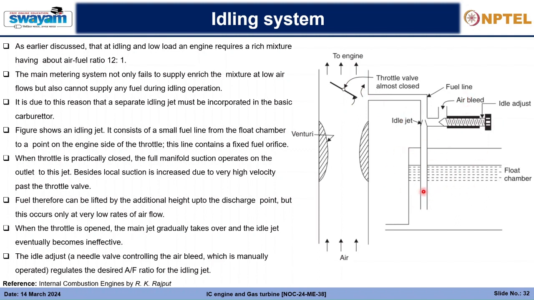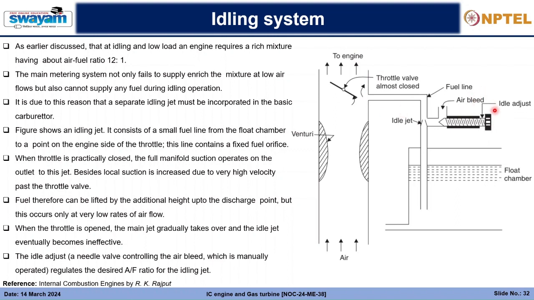In the float chamber, a connection is made, that is the idle jet, and an air bleed is also made, which connects to the downstream of the throttle valve. So the air comes in, and even when the throttle valve is almost closed, it can still supply the air and fuel mixture downstream. That is the idle system.